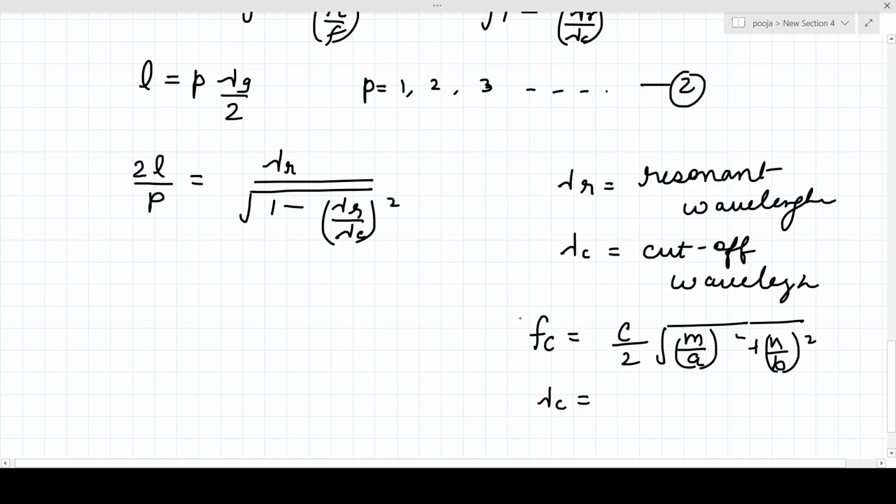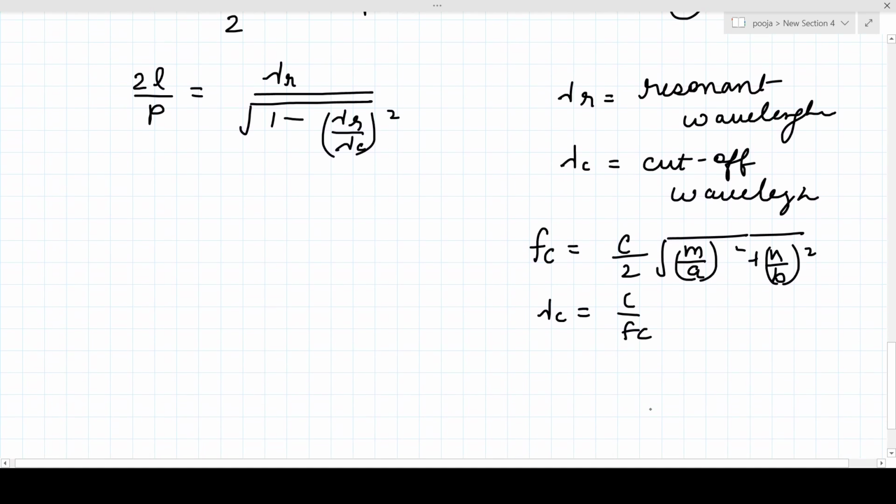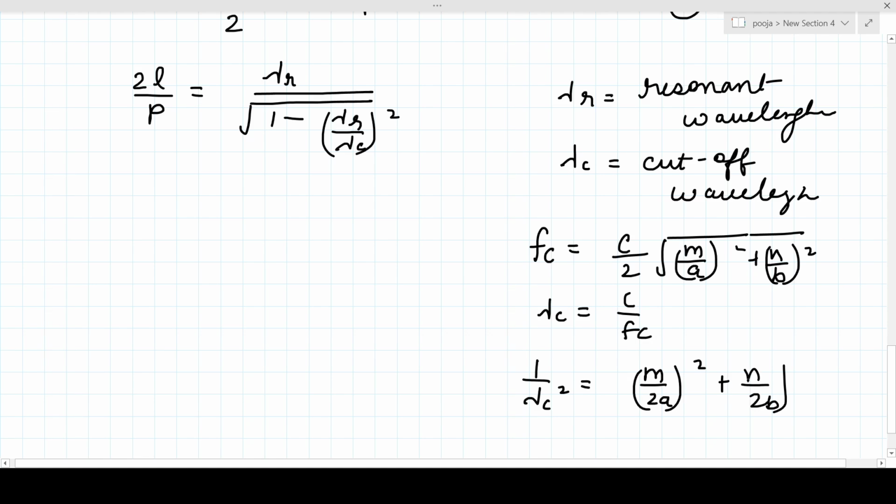Lambda c is equal to c by fc. So we can write the lambda c definition as 1 by lambda c square equal to m by 2a whole square plus n by 2b whole square.